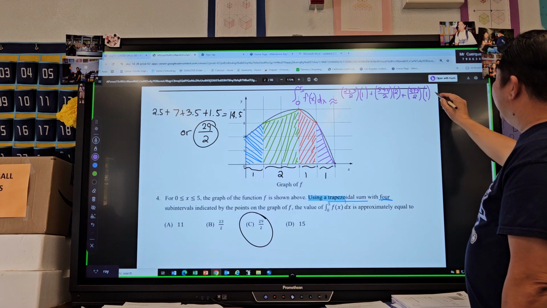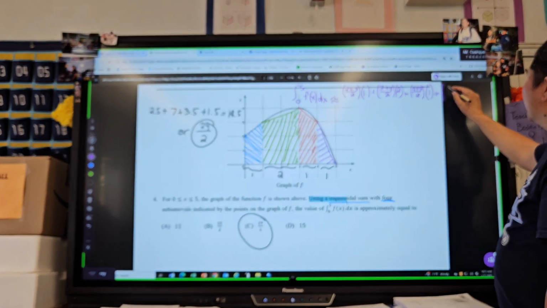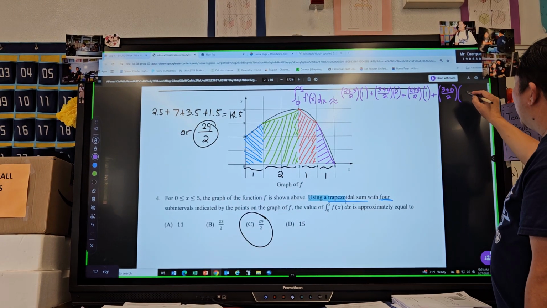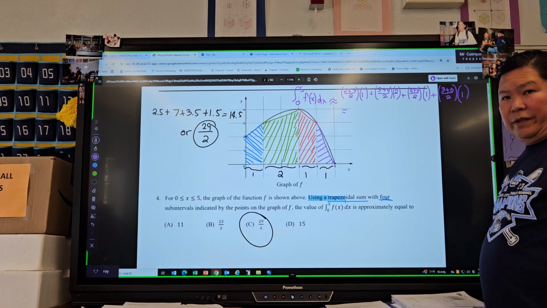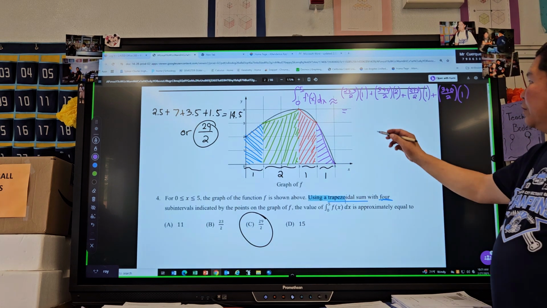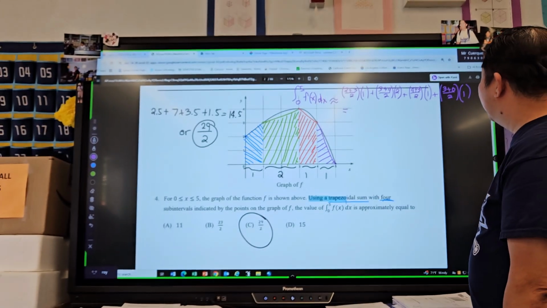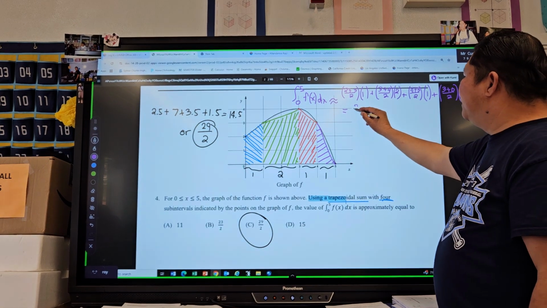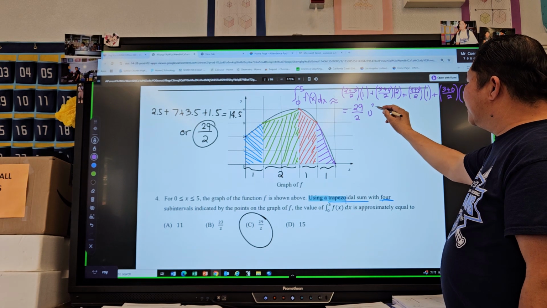And then the next is 3 plus 0 over 2 times 1. Okay, and then equals 29 halves, square units.